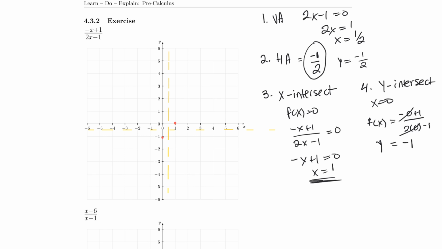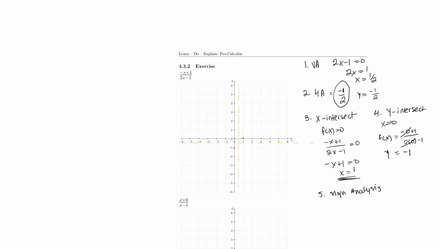So the next step is to do the sign analysis. How do we do this? Sign analysis. Well, we just look closely at our graph, right? We know that it's happening on this side and on this side because we have our two intersections right here. We just evaluate a number on this side and a number on this side. So let's get x equals to 2 and see what y is.